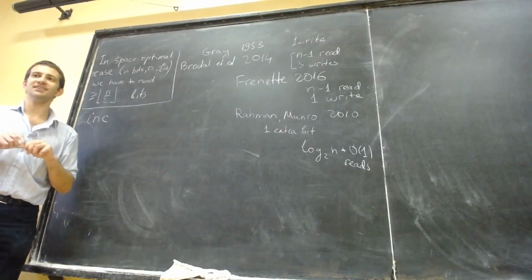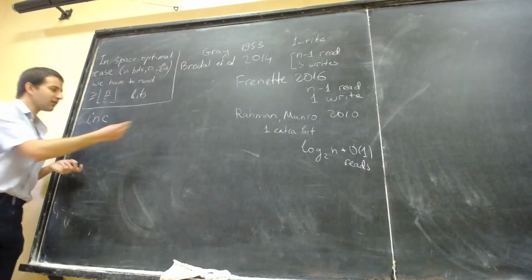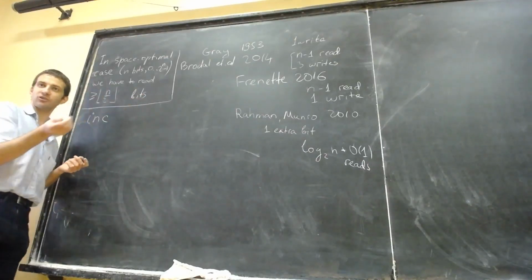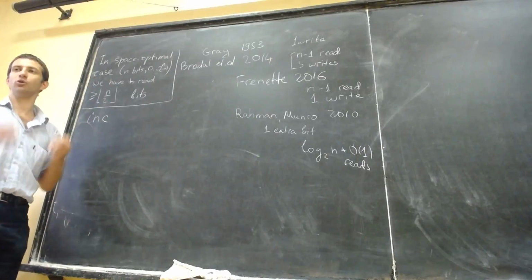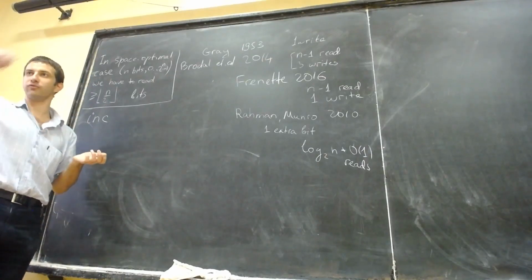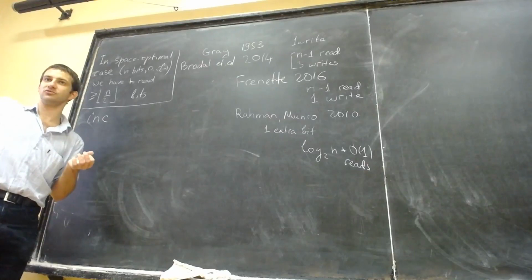In the sense that, with our codes in some order, the code of 0 goes to the code of 1, goes to the code of 2, and so on.